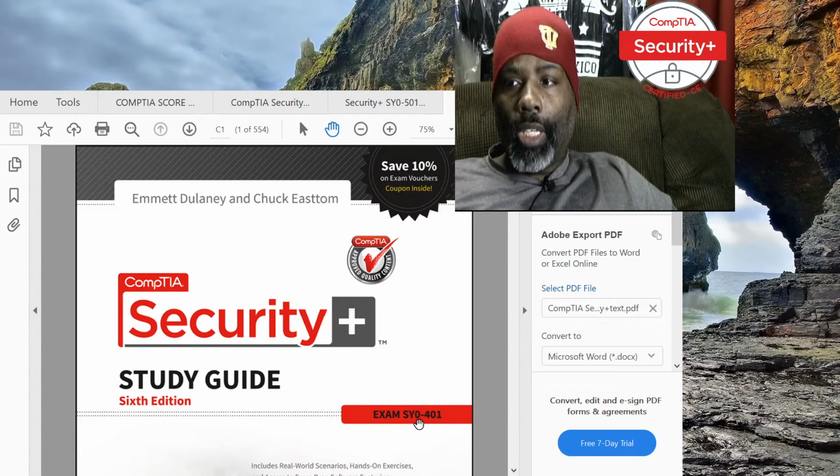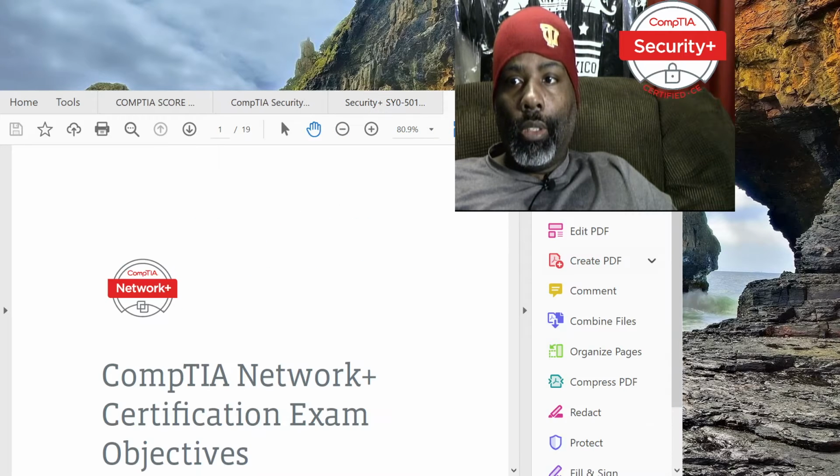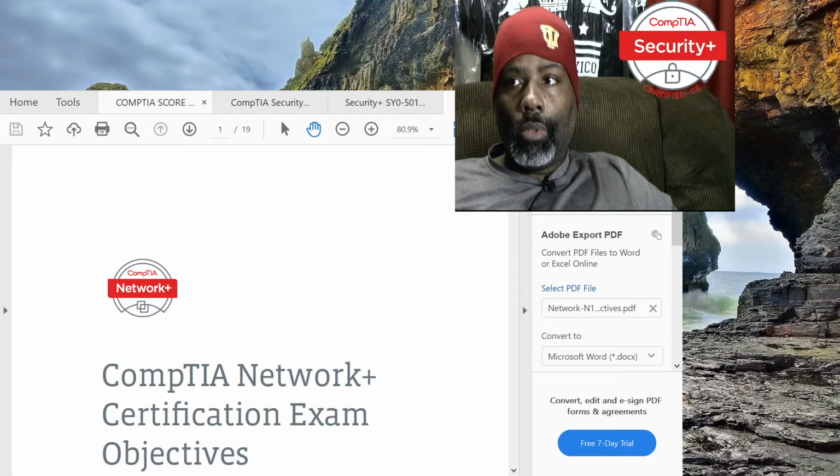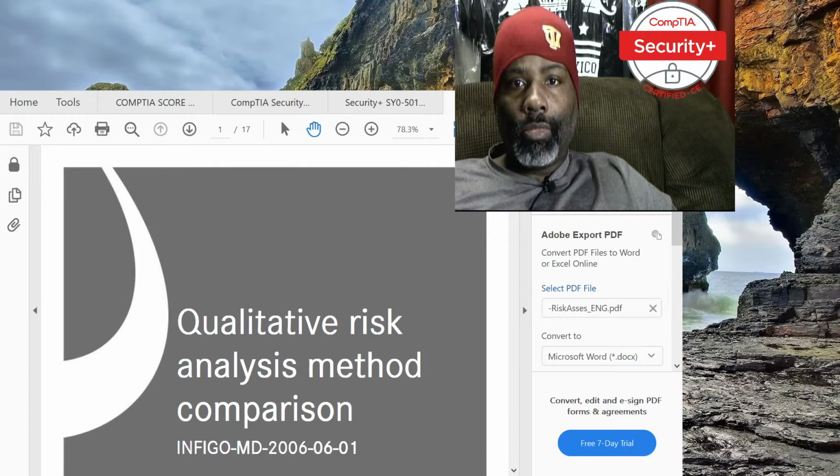Exam SY0-401. There's some things in here that are not on the 501 exam. There's some things on the 501 exam that took sections from 401 and condensed them. That is why it's so important to make sure you have the right objectives.